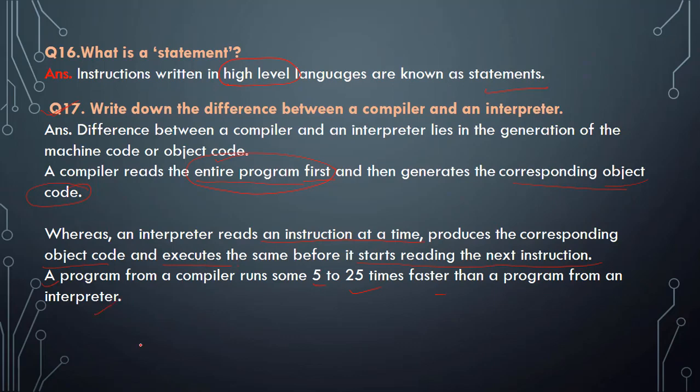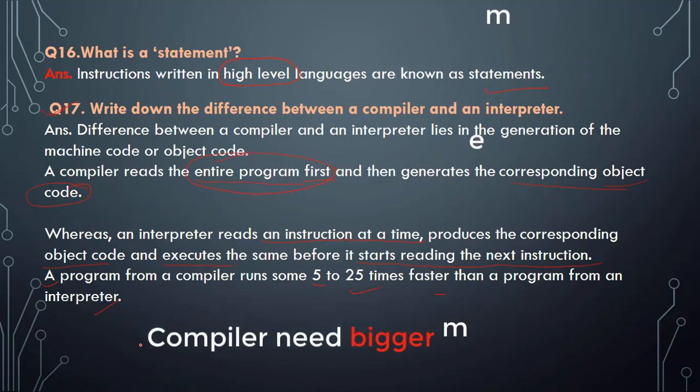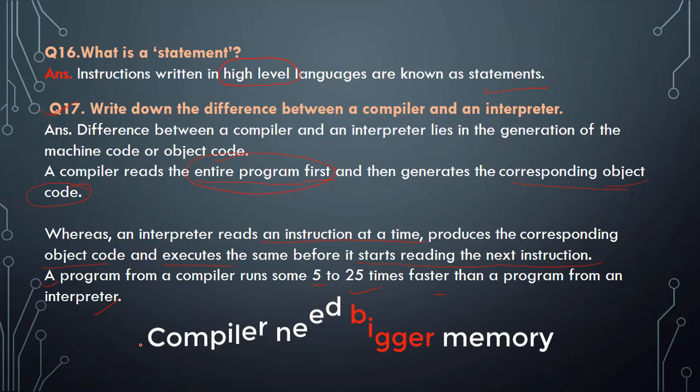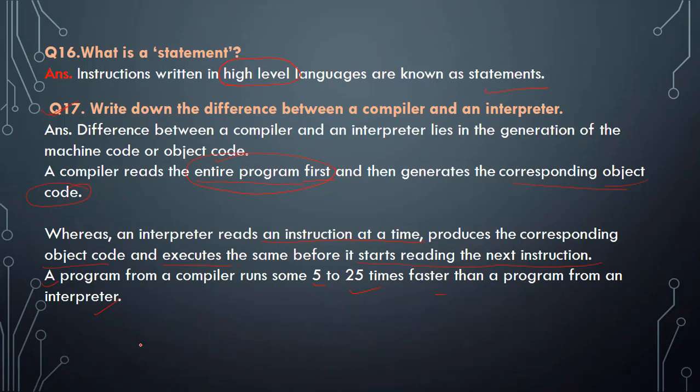But the compiler needs memory for compiling the total code, whereas the interpreter needs only a little amount of memory to interpret each line.